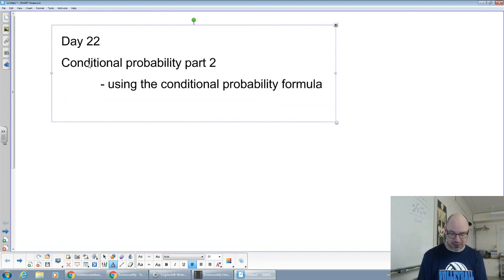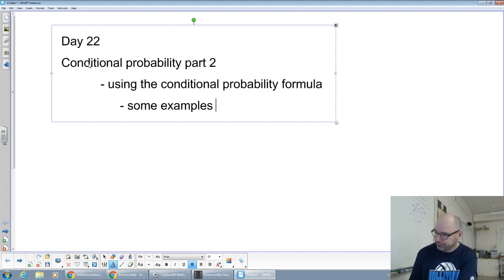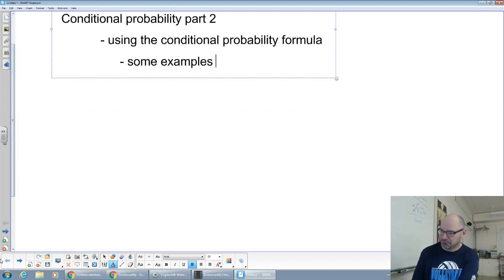And we're going to just do some examples. So let's just reiterate, or redraw here, what that formula looks like. Okay, so it relates two events together.